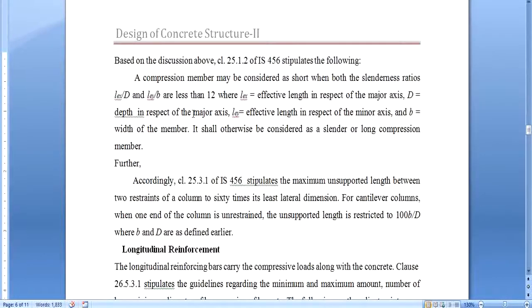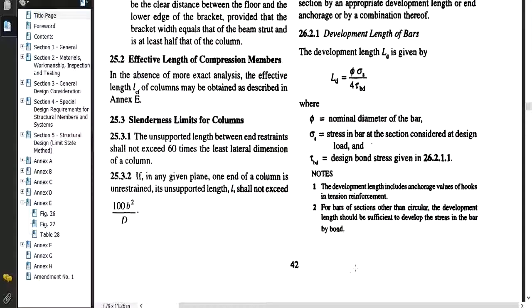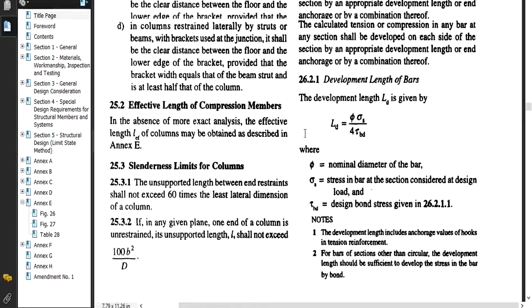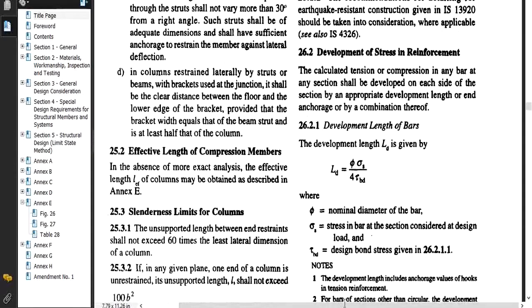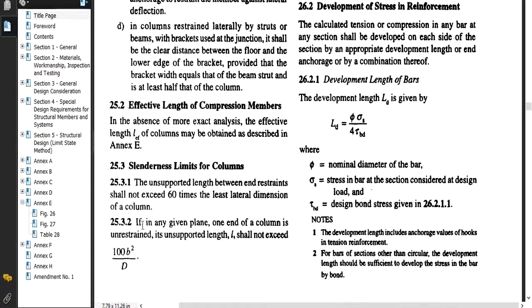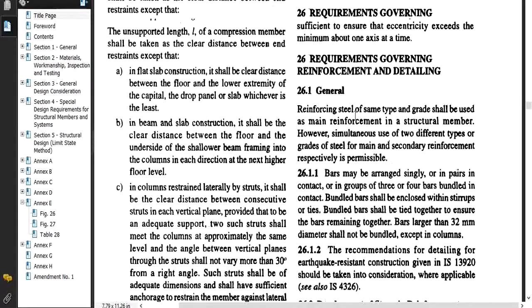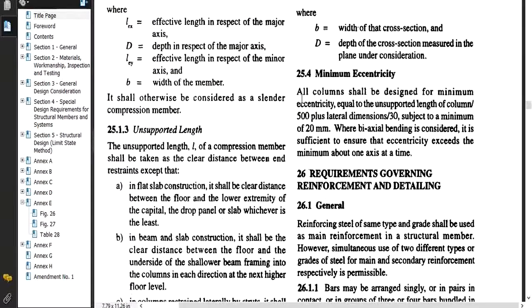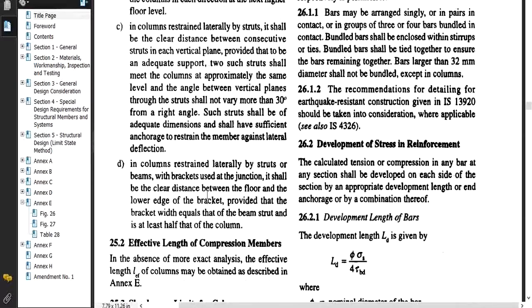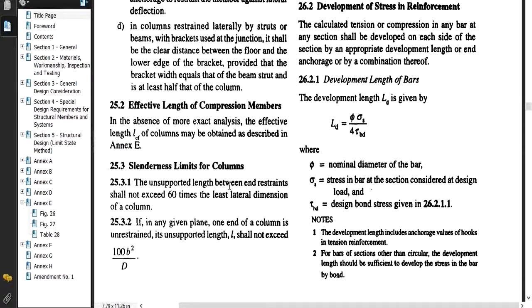Whatever I have explained here is given in clause number 25.3.1, so I will open IS 456, clause 25. You can go through this particular clause. Unsupported length between two restraints should not exceed a certain value, and other things.